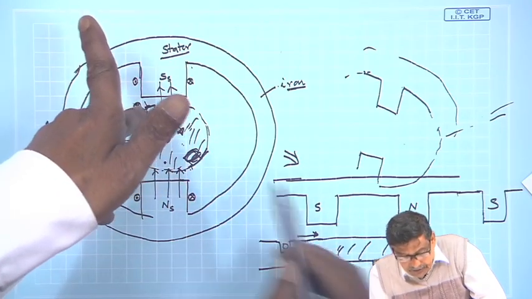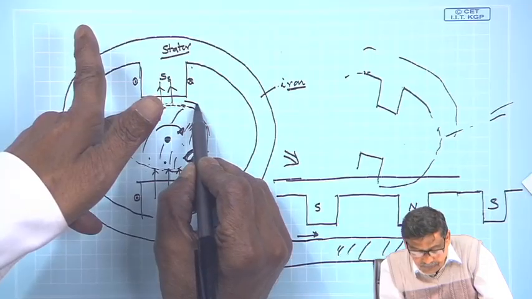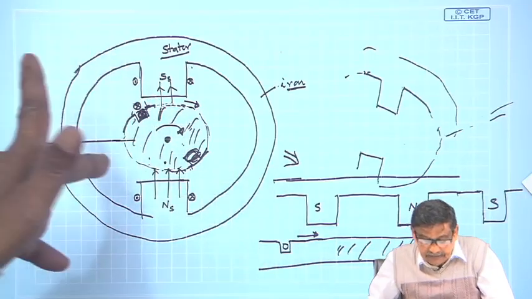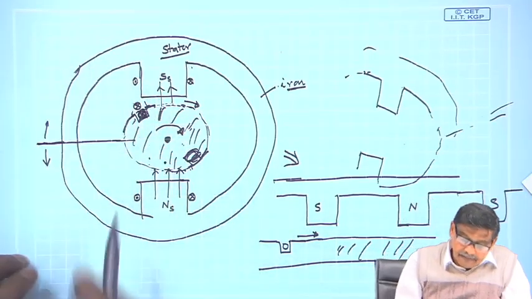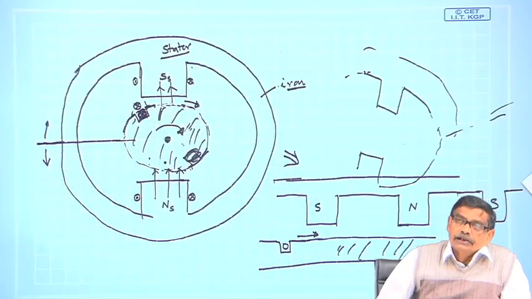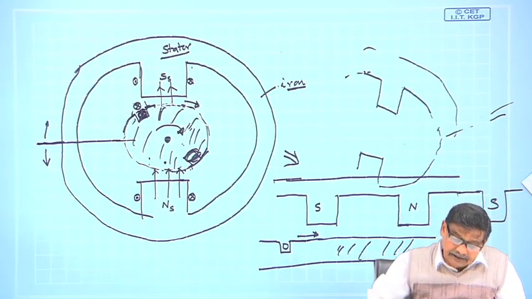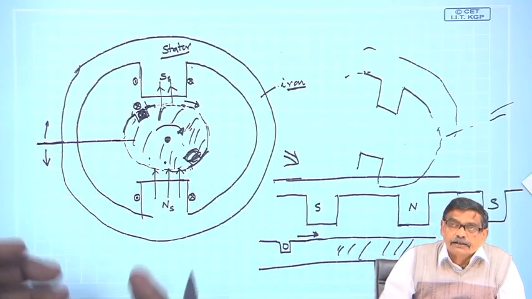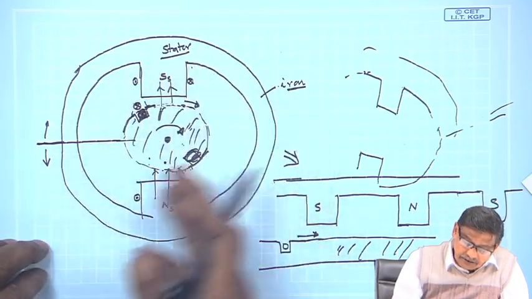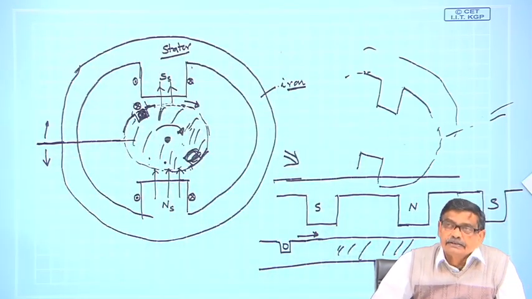So, it will try to move like this. So, you will get motoring action and for this you do not require infinite space and things like that, everything is circular and the conductor will go on seeing various poles.